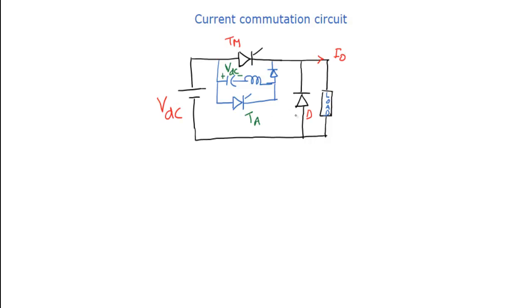For convenience, we will assume that the tank circuit current or capacitor current is taken as positive like this. All the circuitry drawn in blue is the commutation circuit required to commutate this thyristor. So this is what we will discuss, and we will see the operation of all these things.